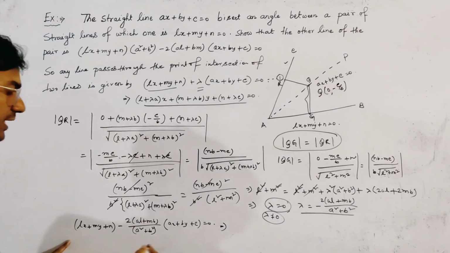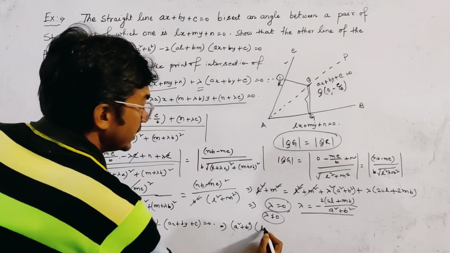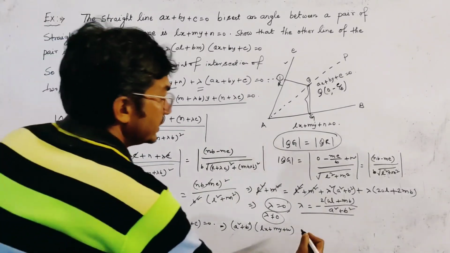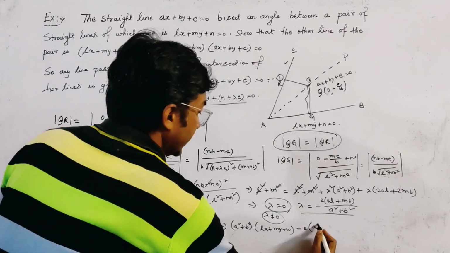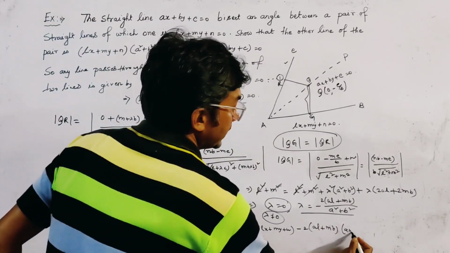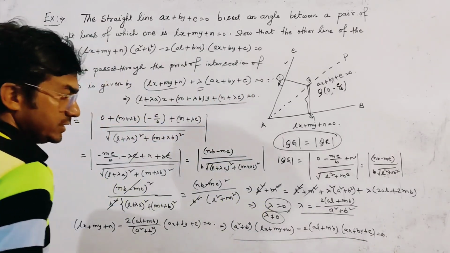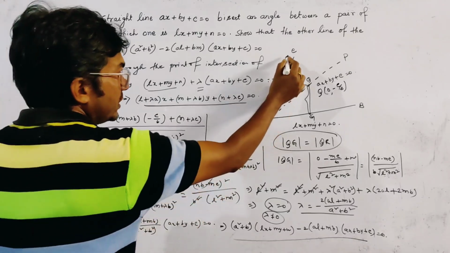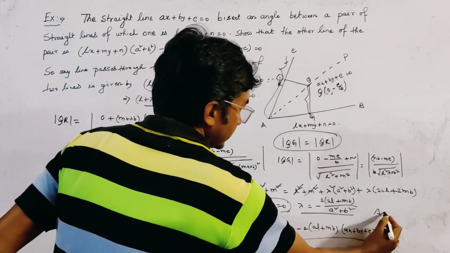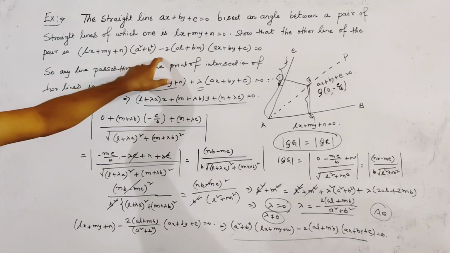The final result is a square plus b square into Lx plus My plus n, minus 2 into Al plus Mb into ax plus by plus c, equals 0, and this equation gives the other line of this pair, that is, the equation of the line AC. Okay, and this is clearly the required result.